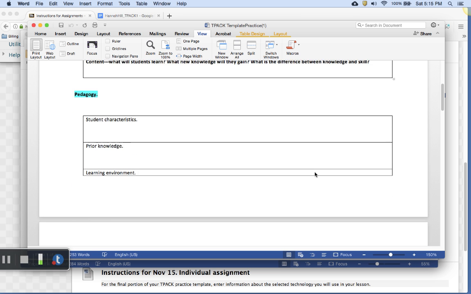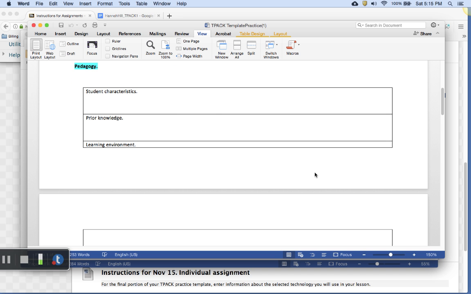Under pedagogy, now remember, pedagogy is how you teach. So when planning how to teach, you have to think about your student characteristics. You will describe an imaginary class, and you'll determine what grade level you would like and the number of students, any disabilities they may have.